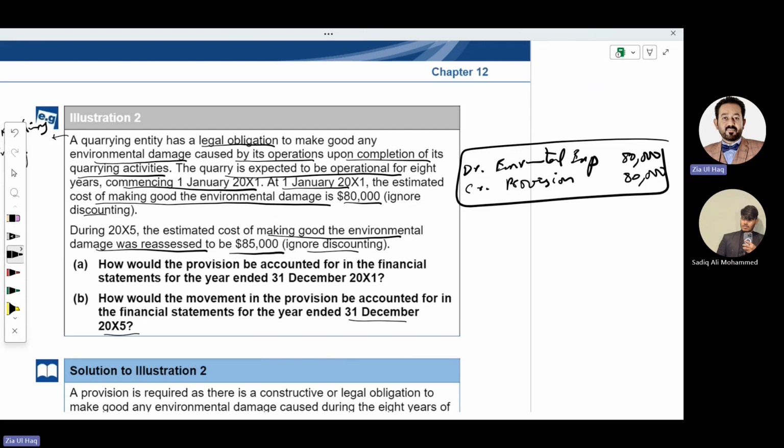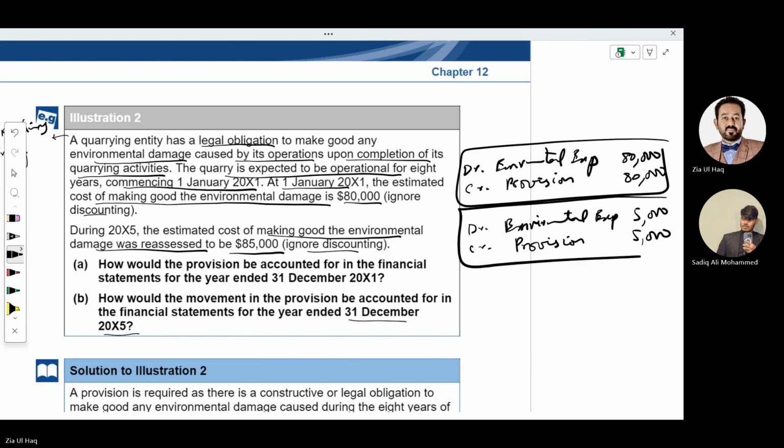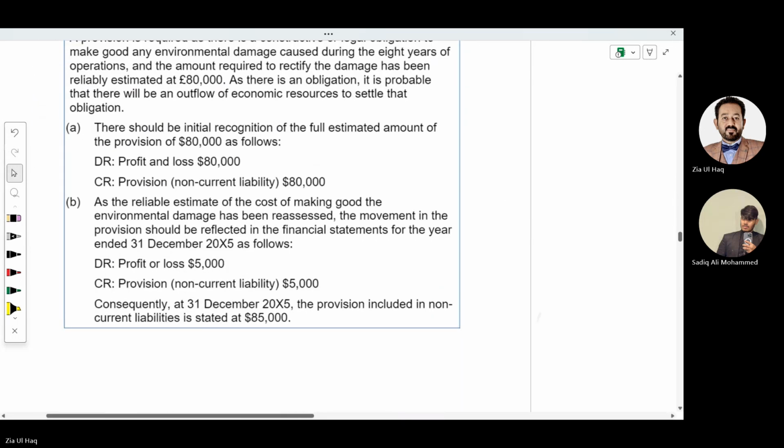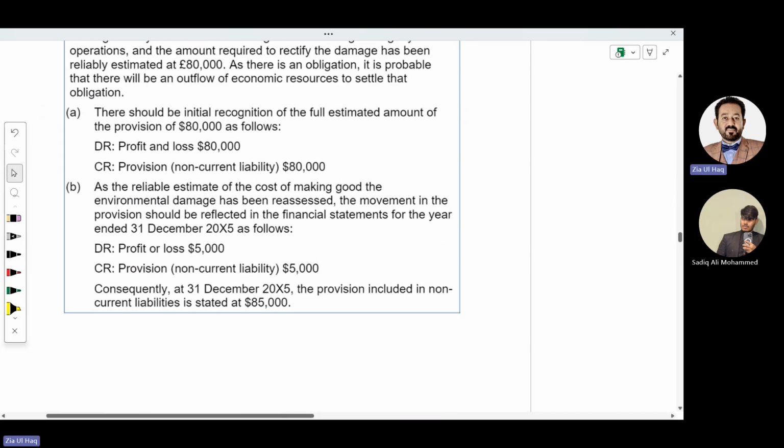Obviously 5,000 more. So debit environmental expense with 5,000 and credit provision with 5,000. Is that fine? So this is the accounting entry they have recorded.